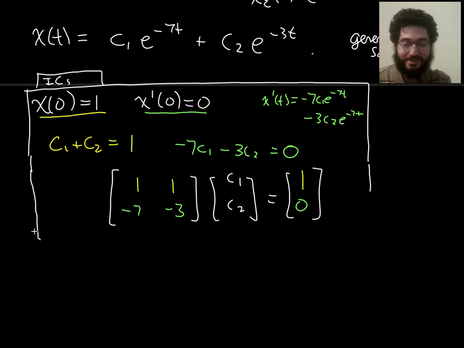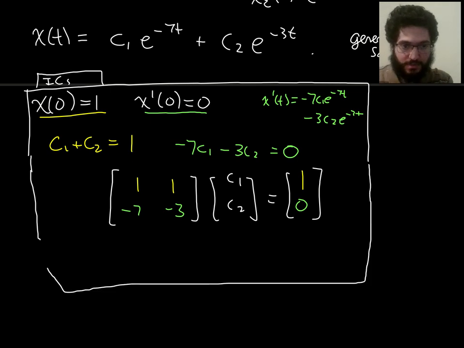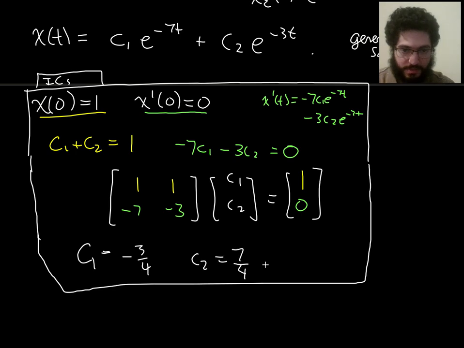Do the algebra by hand once, and then become bored of doing that, and then go ahead and use whatever software you want. So whatever method you use, you get c1 equals negative 3/4, and c2 equals 7/4.